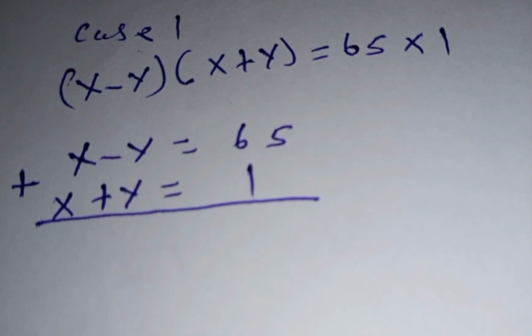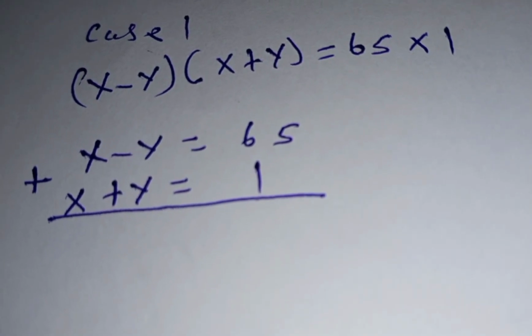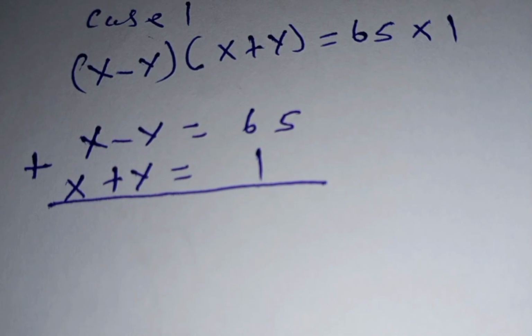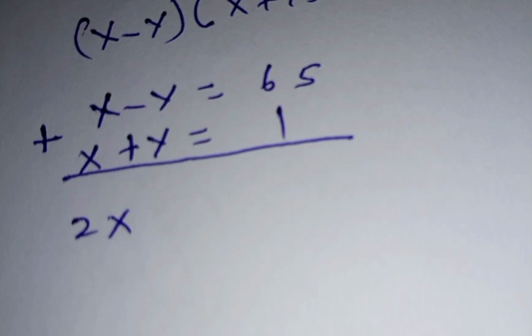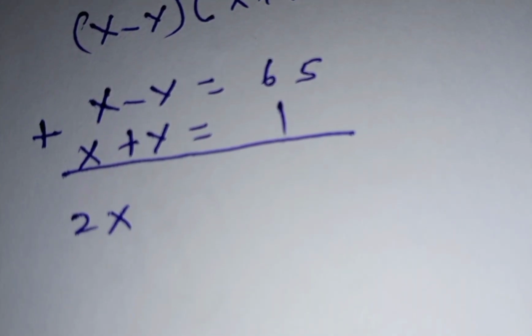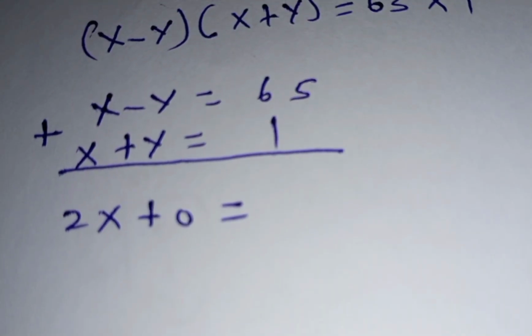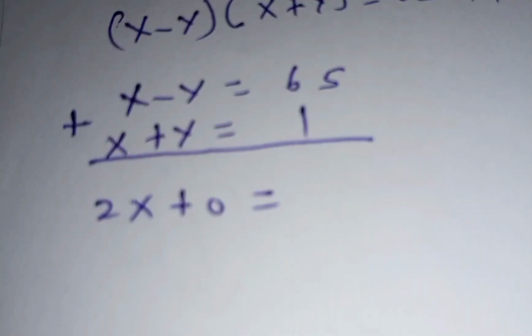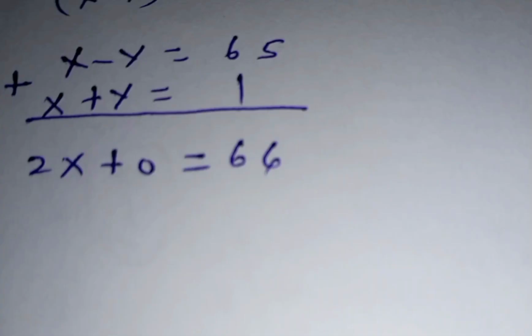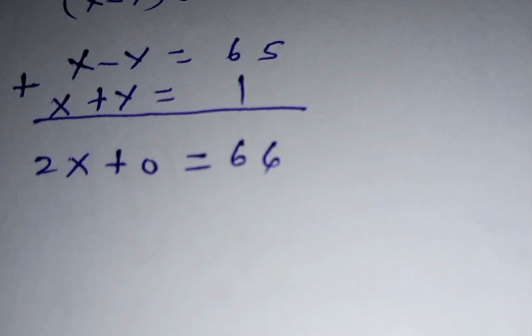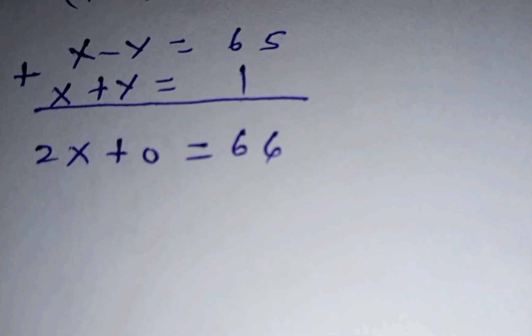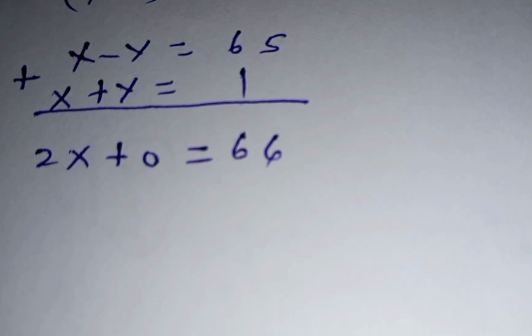We can add the two equations so that we eliminate the y. So we shall have x plus x being equal to 2x, and minus y plus y is 0, and 65 plus 1 is 66. So 2x is equal to 66.